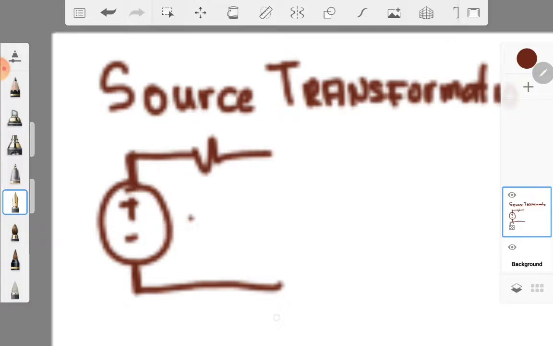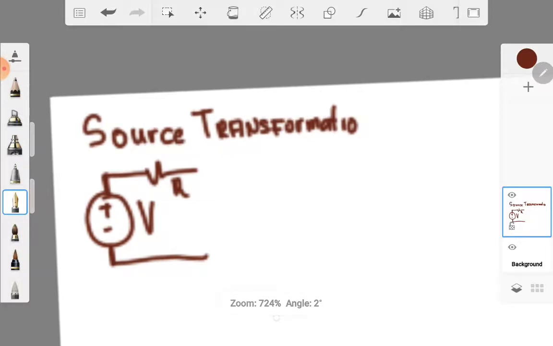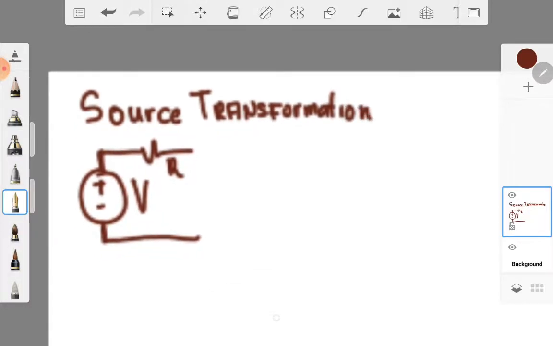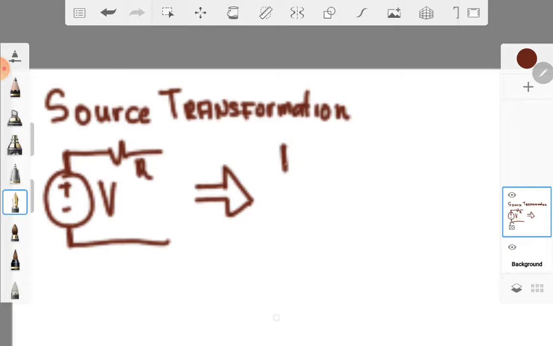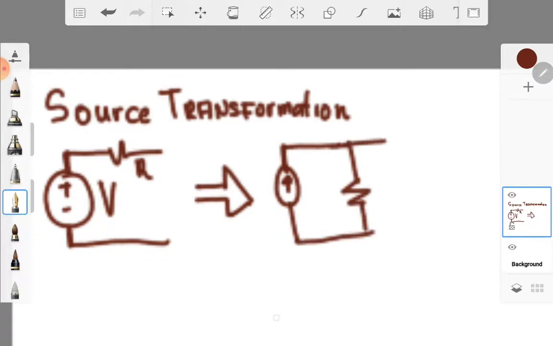So let's say this will be my V and this is my R. Can we substitute it into a current source, which is parallel, wherein you will parallel the resistance?